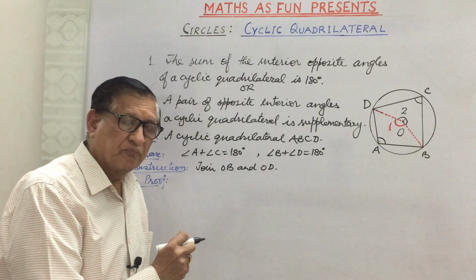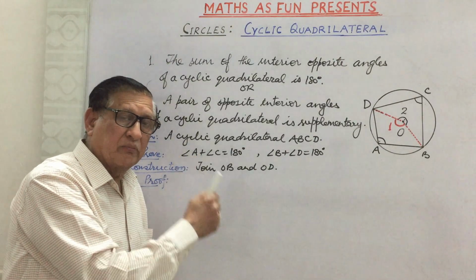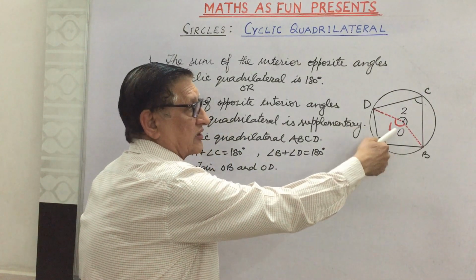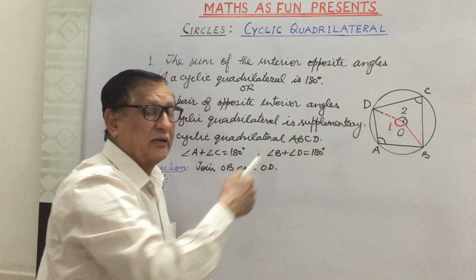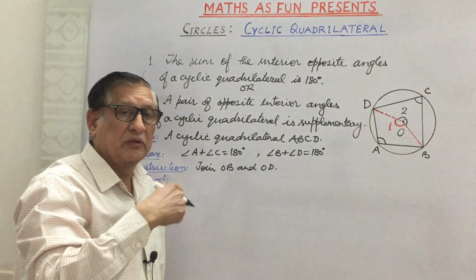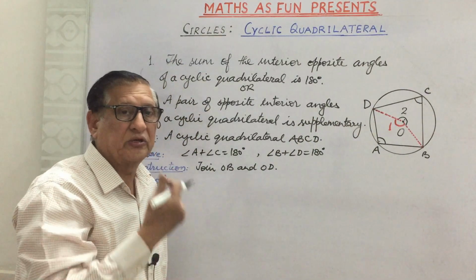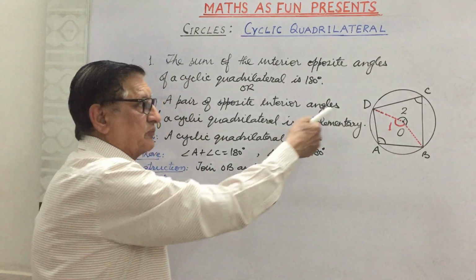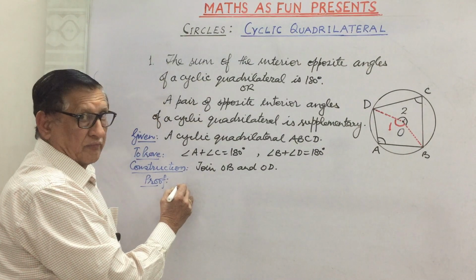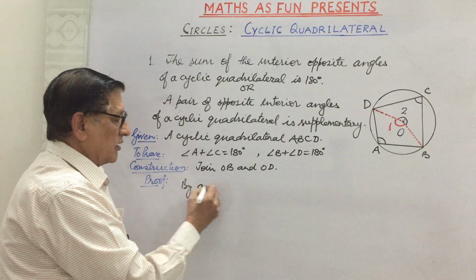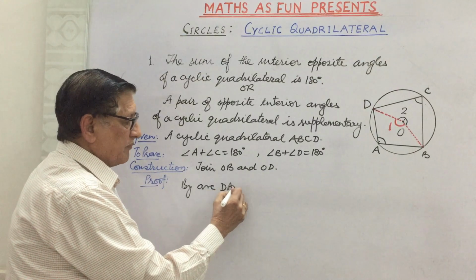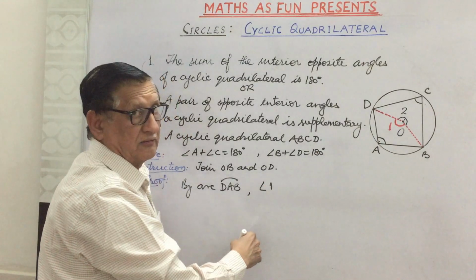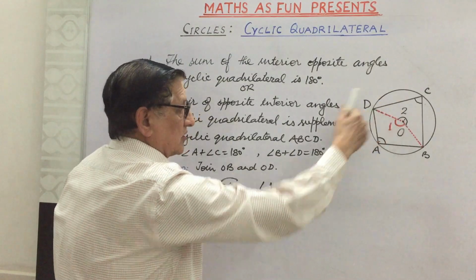Now we come to the proof. For the proof, we remember the theorem that the angle subtended by an arc at the center is twice the angle subtended by the same arc at any point of the remaining circumference. By applying that theorem, by arc DAB, angle 1 is at the center and angle C is at the remaining circumference.